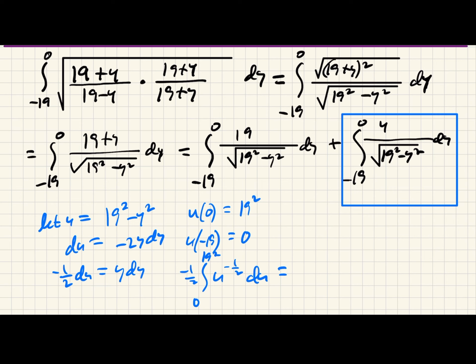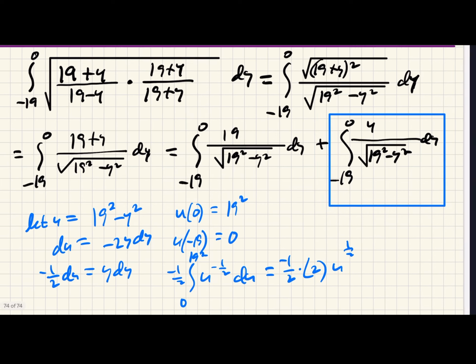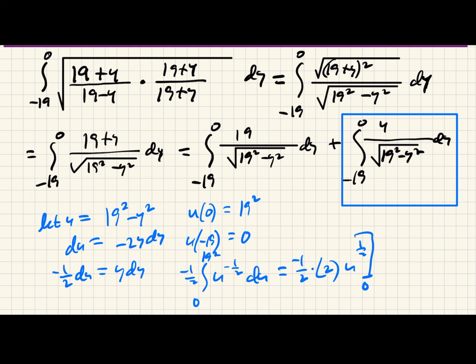So we have minus 1/2 times 2, because when we add 1 to minus 1/2, it's going to be positive 1/2. Flip that over and multiply. That's 2. And then we've got u to the 1/2, and that'll be evaluated from 0 to 19 squared.